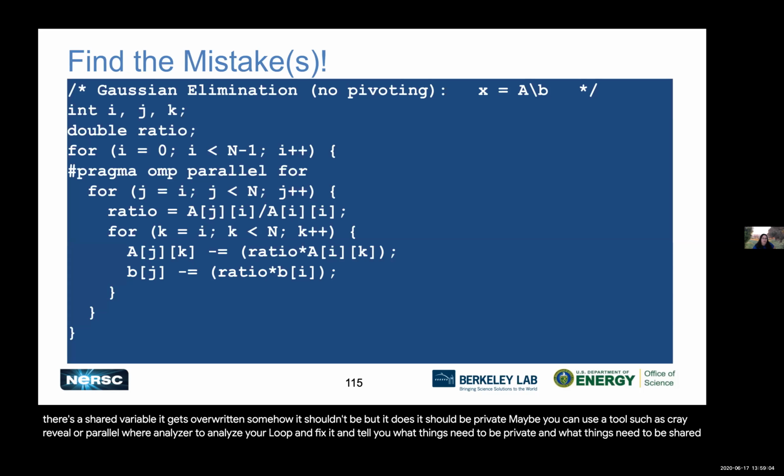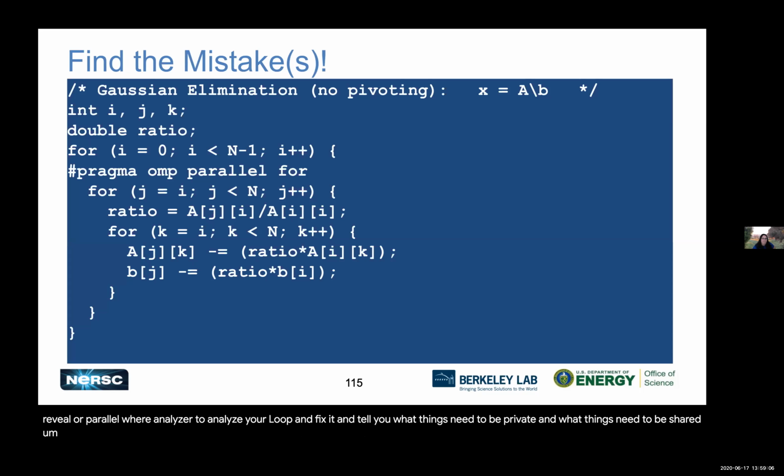Okay, so here's my new Gaussian elimination. We all know Gaussian elimination by heart now, right? So can you spot the mistakes? Do I have any mistakes here? Maybe it's perfect, I don't know. Anybody see any problems with my variable scope?